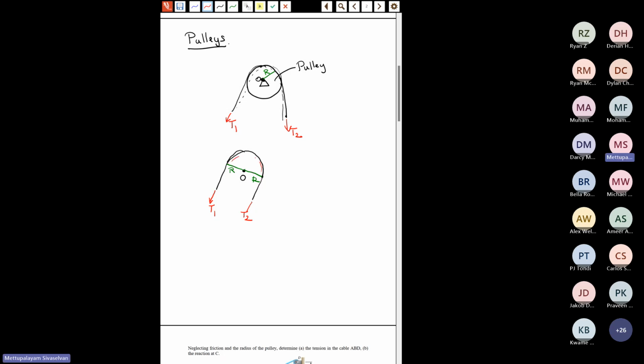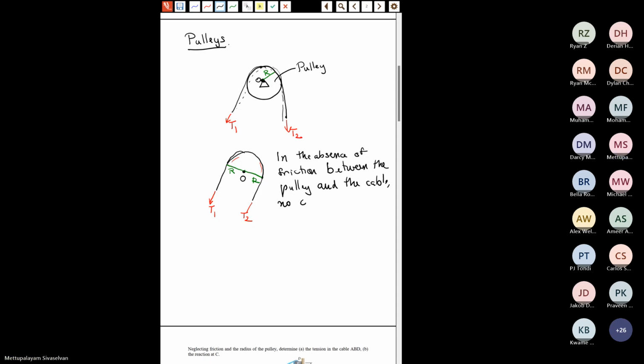If there is friction, then there will be forces at this interface here. But in the absence of friction, or negligible friction between the pulley and the cable, okay, there are no other forces.